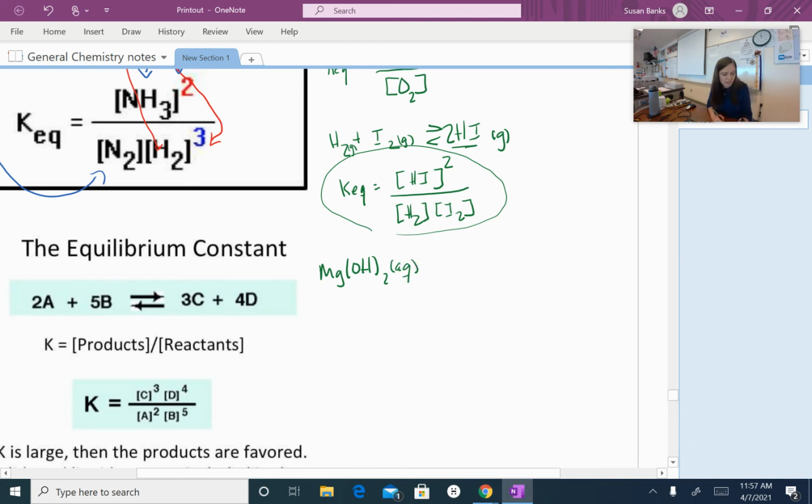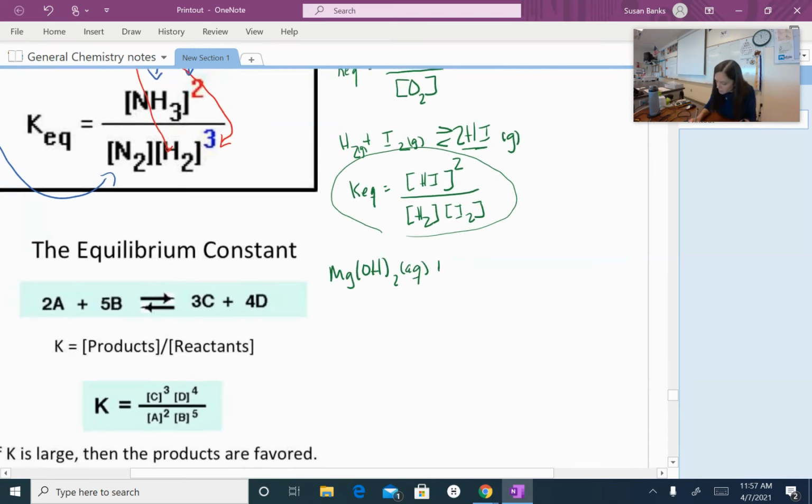Okay, aqueous, dissolved in water, plus 2 hydrochloric acids in the aqueous state, going back and forth to make magnesium chloride solid plus water in the liquid state.